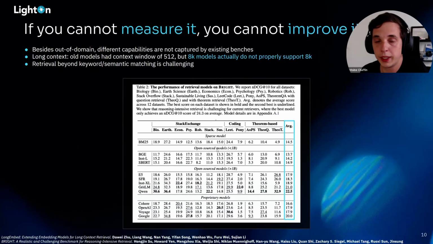And so yet again, when evaluating the existing models on this new capability, we actually observe very poor results compared to their usual performance on more traditional benchmarks. And it even holds for very large models that use billion-parameter models as the backbone.